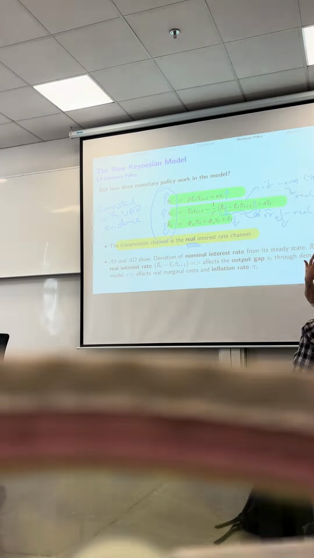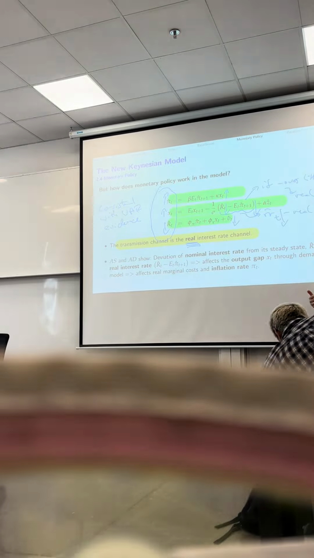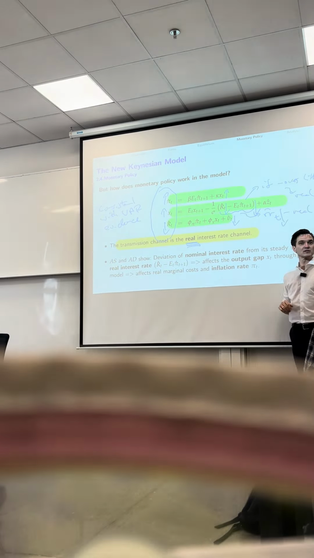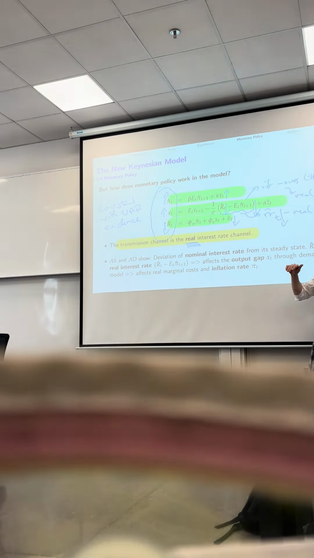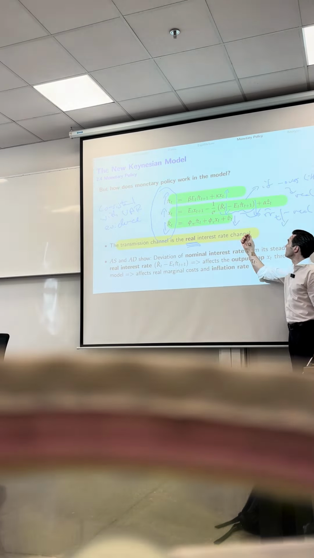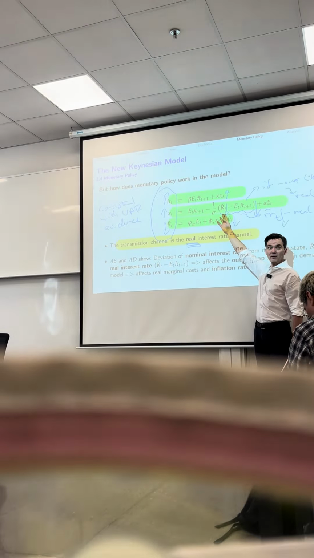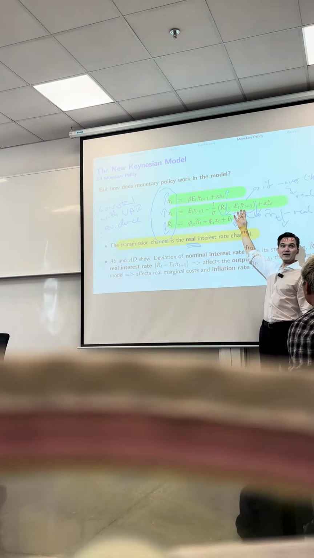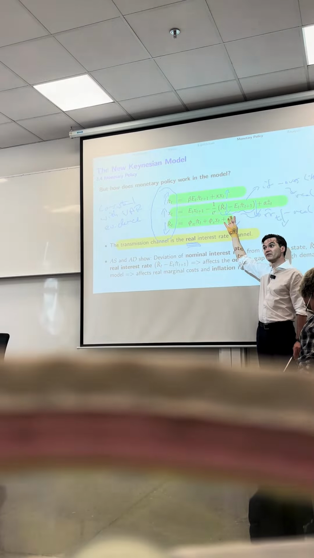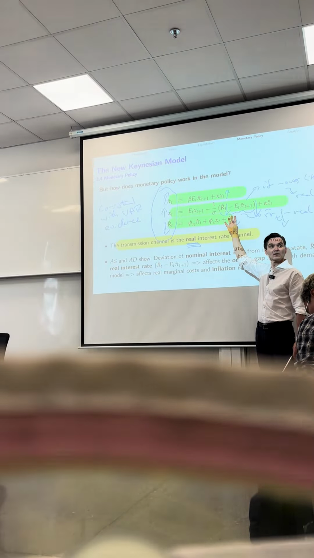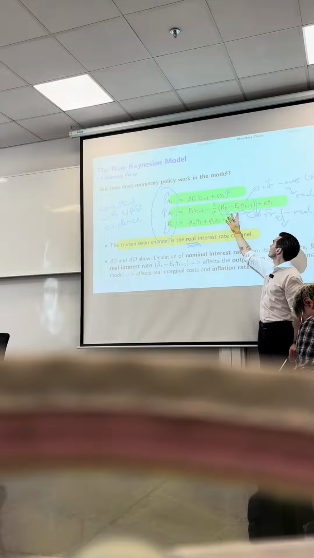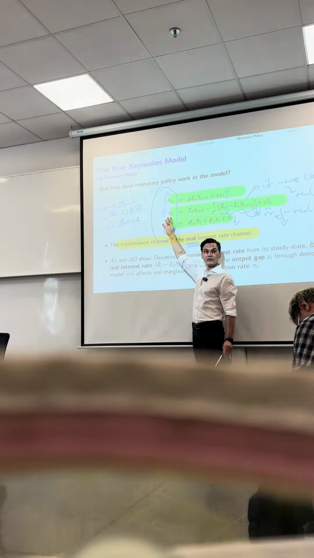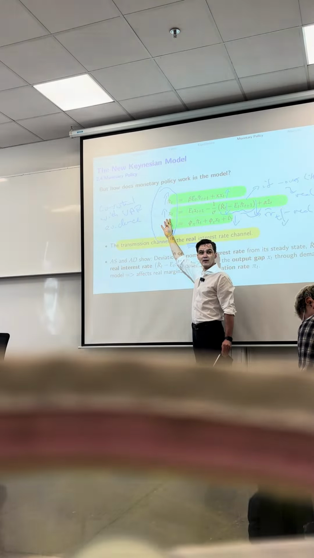We learned that it is the so-called real interest rate channel by which monetary policy affects allocations in the economy. The idea is that it is the difference of the nominal interest rate minus expected inflation that's relevant for households' investment and savings decisions. That difference is what drives households' consumption demand.